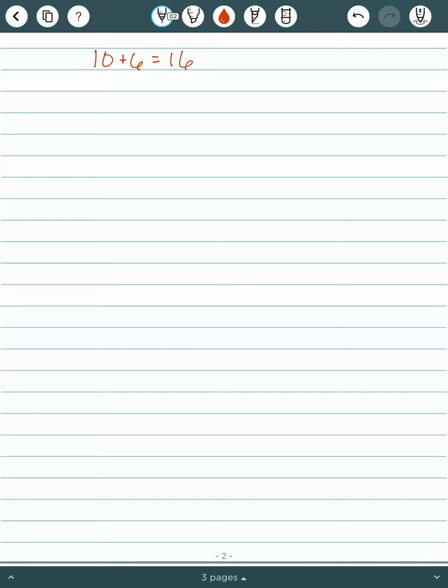If I were to say that in Spanish, 10, we just saw is diez. And then to say plus in Spanish is y. It also means and, so 10 and 6 or 10 plus 6. So diez y seis equals, we say son. So 10 plus 6 equals diez y seis son.